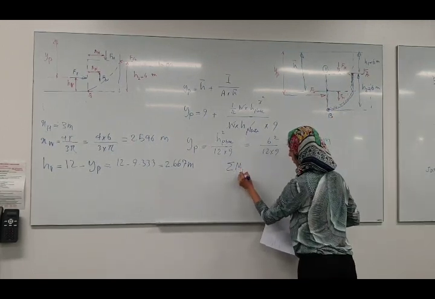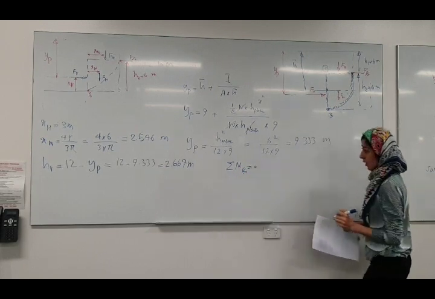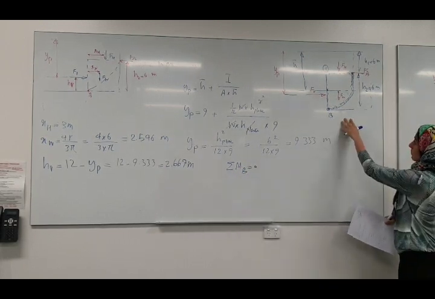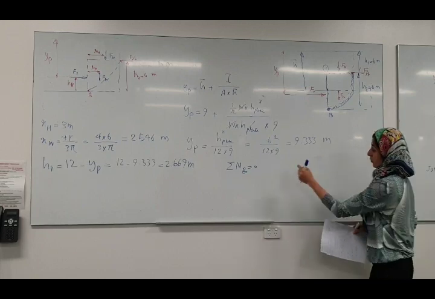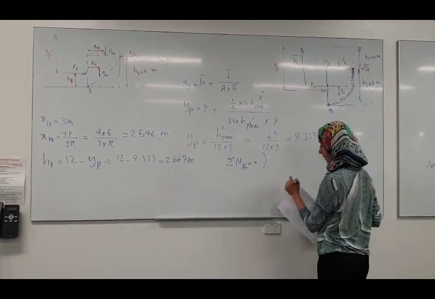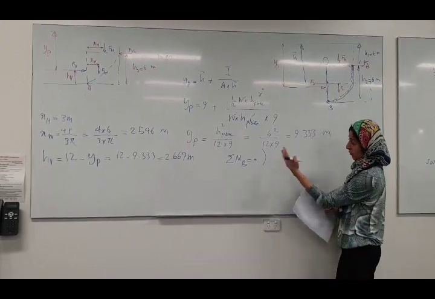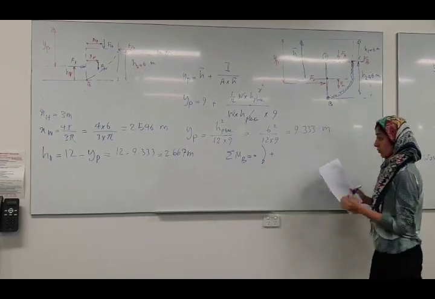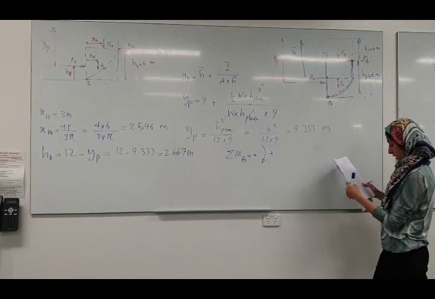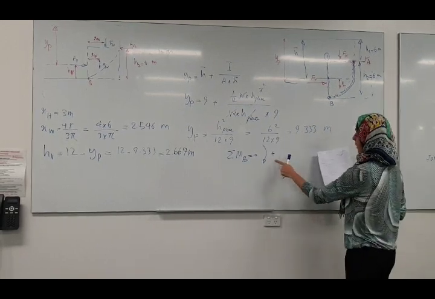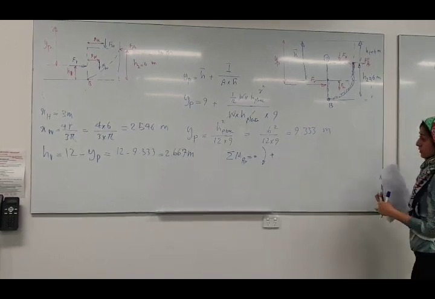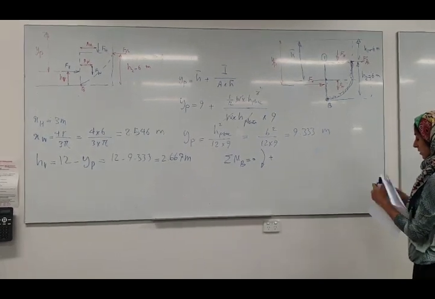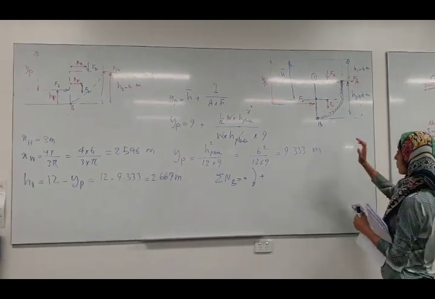Now we can write down the moment around point B. The total moment around point B should be equal to 0. Why? Because it's in balance, and we also have to consider the direction. It doesn't matter whether you choose clockwise or anti-clockwise. I assume clockwise is positive, and based on that I can write the formulation. We're using the right hand rule.